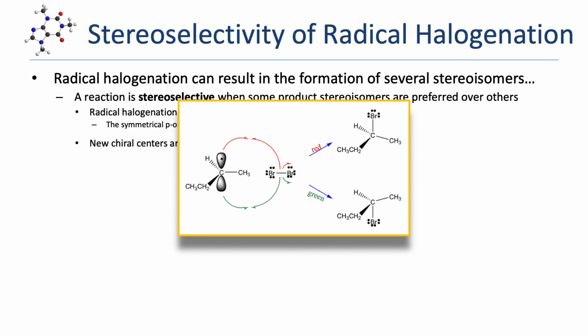When that carbon radical reacts with a molecule of Br2 to form the final product, the Br2 can approach either lobe of that p orbital. And since those lobes are identical, it's equally likely to attack one lobe or the other. Reaction with one lobe would result in the R configuration in the product. Reacting the other lobe would result in the S configuration in the product. Because the reactive site is planar and the molecule is not chiral, halogenation from each side is equally likely.